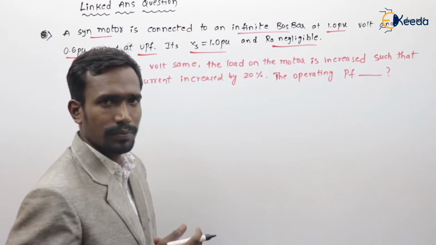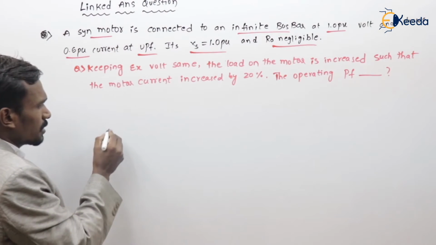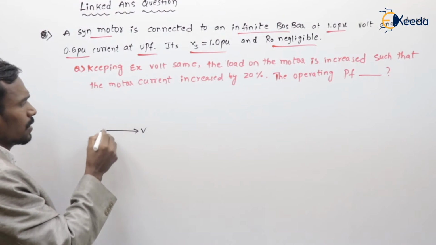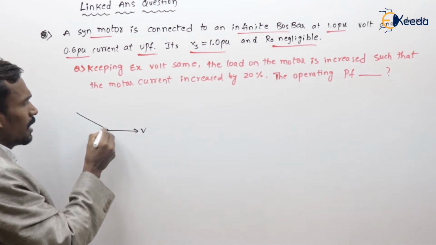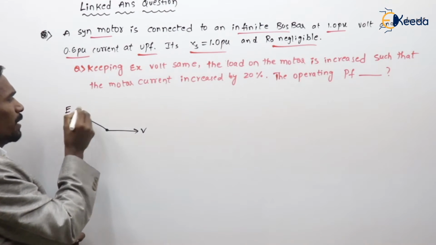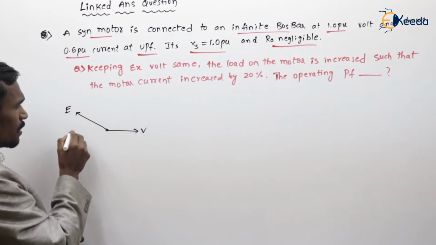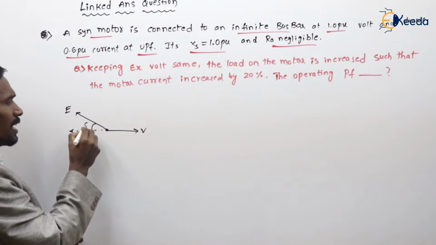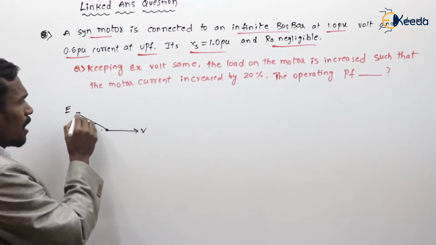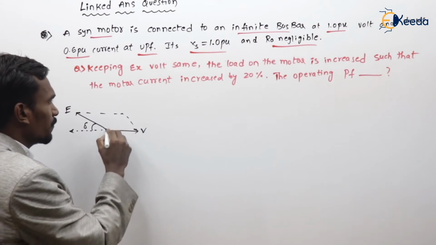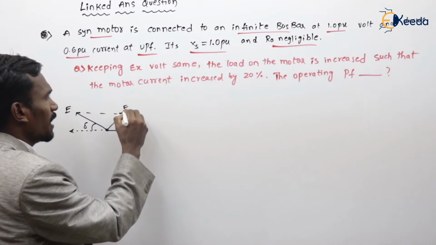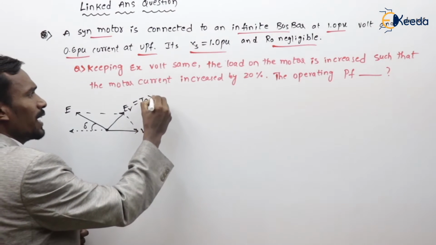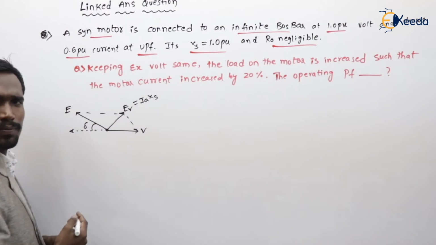Generally for a motor, for example, this is the supply voltage, and this is the back EMF. The angle between voltage and EMF is delta, and the sum of these two is taken as ER. This ER is equal to IA into XS.